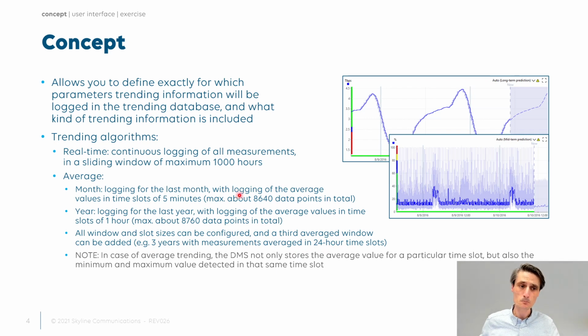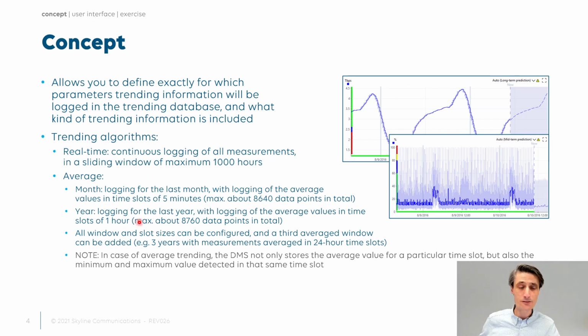Note that the 5 minutes for 1 month, you can change to maybe 10 minutes, the 1 month you can change to 2 months, 1 year you can change to 2 years, the 1 hour you can change to 2 hours, and you can configure that third time slot. So all of that is configurable, but the values that we indicate here are the default ones when a DataMiner is shipped.